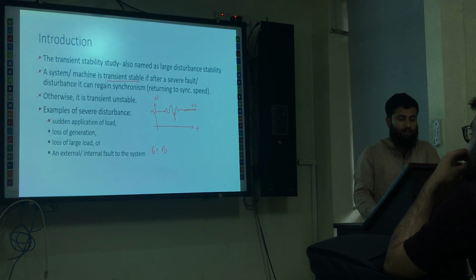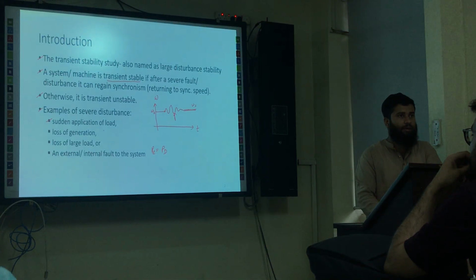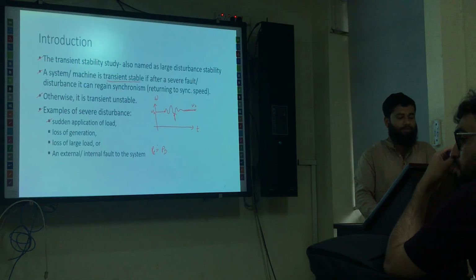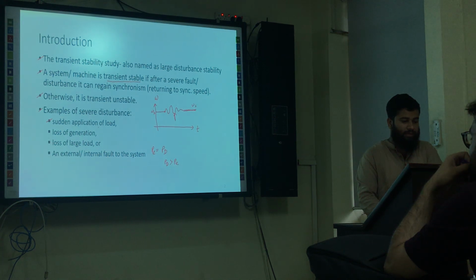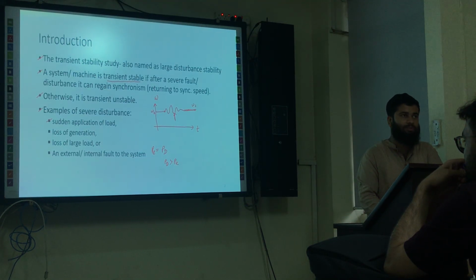Let's say at a certain moment the load has been increased suddenly from the customer end. That means now this PD is higher than the previous PD. If the sudden increase in load is large in magnitude, at that time it can be termed a large disturbance.